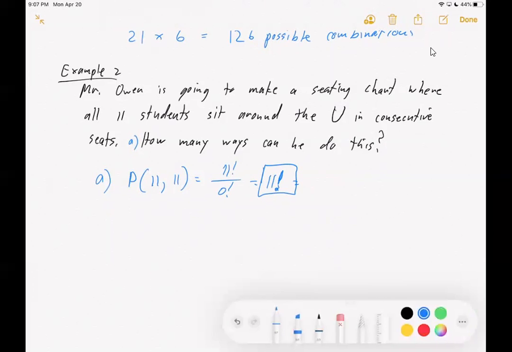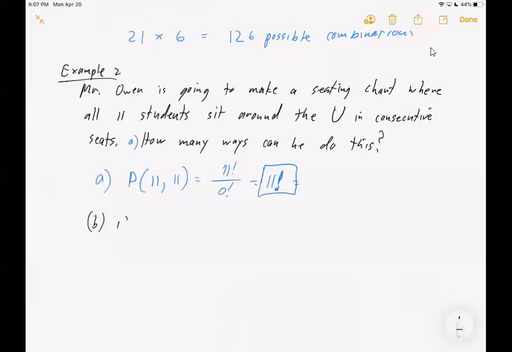Okay, but usually when you make a seating chart, there are restrictions. So let's put a restriction in here. What if the Darrows must sit next to each other? They can't bear to be apart even for a minute.